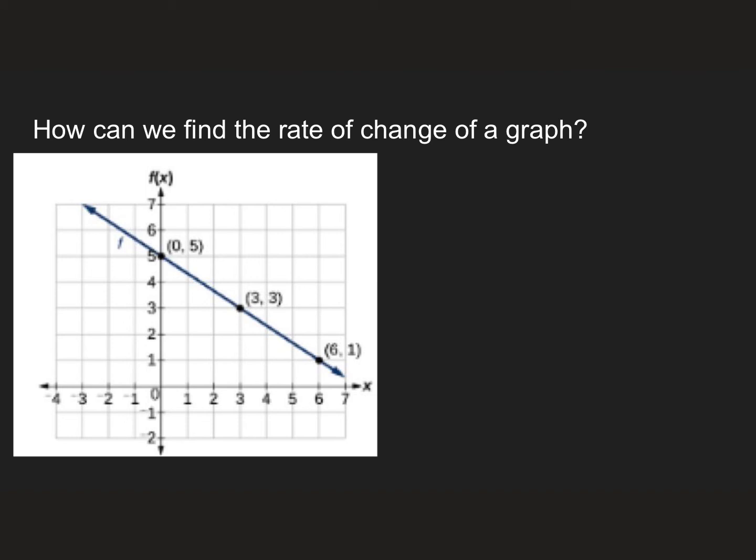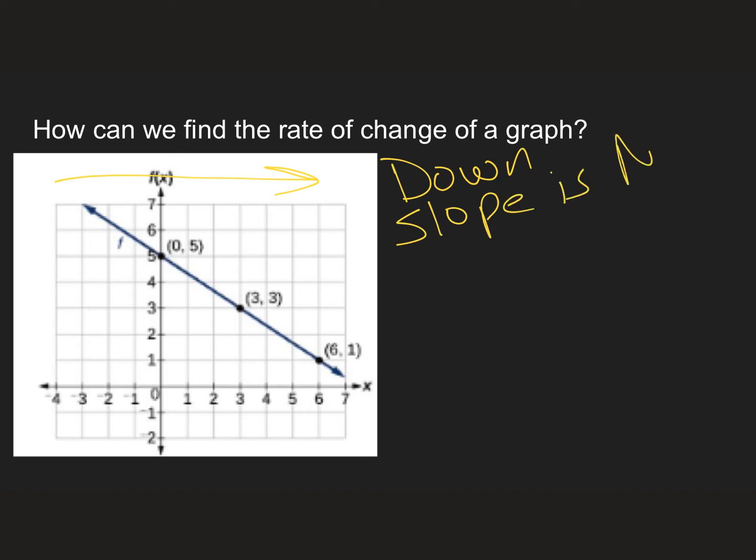The first thing I notice when I read it from left to right, it's going down. That means the slope is negative. So that's my first thing. Slope is negative. So I know at the end this will be a negative number. So now let's look at going between 2 points. So I'm going to start at this 0, 5 and go to 3, 3. So my rise is 1, 2.